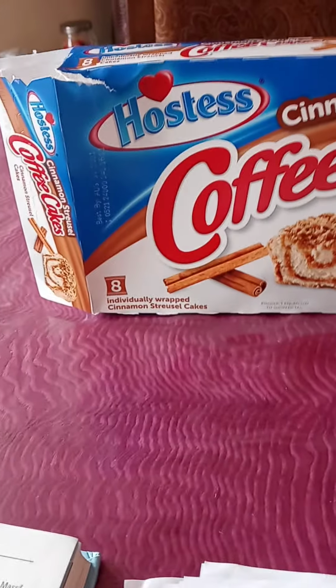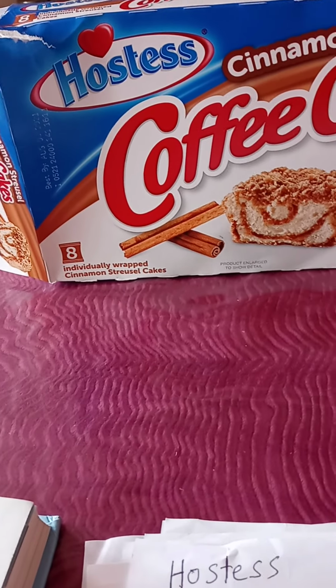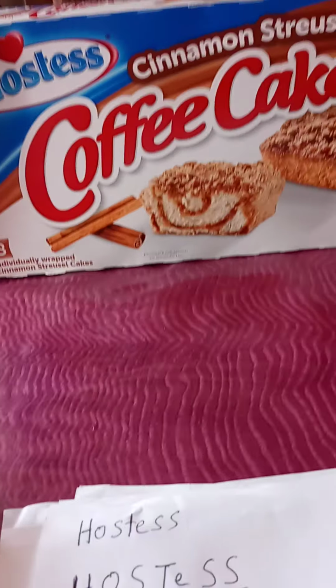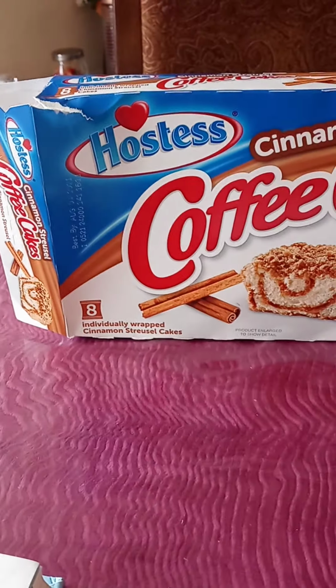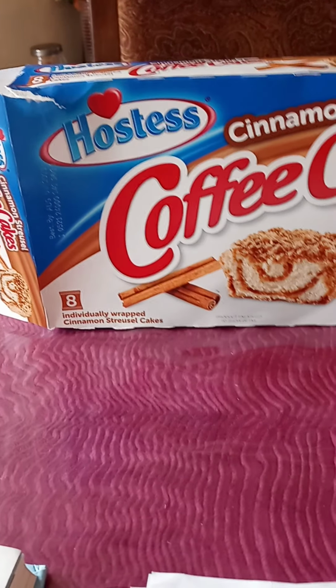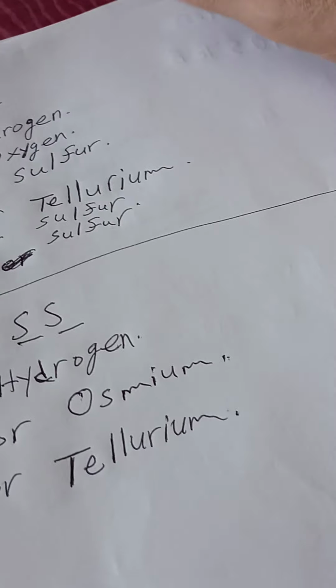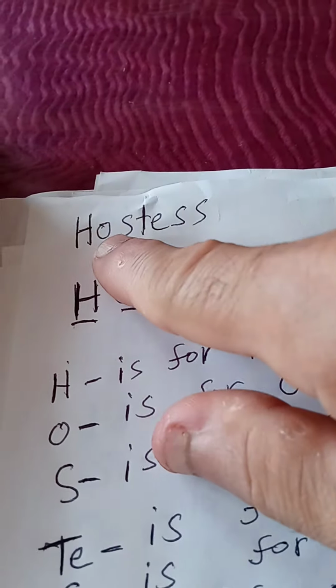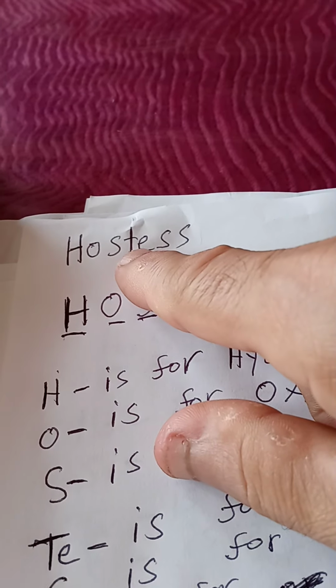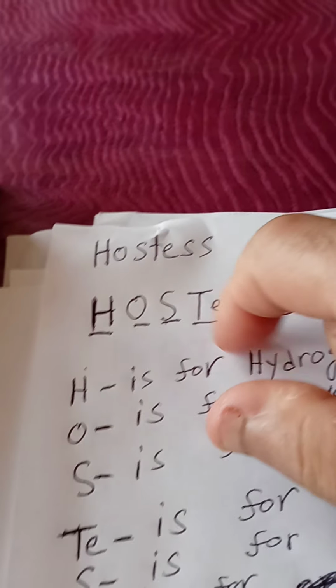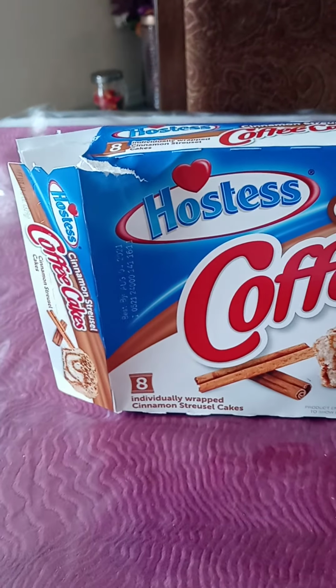For example, you can go to a supermarket and buy a cake, a coffee cake, and you get the Hostess. Hostess is the brand name, and we spell that capital H-O-S-T-E-S-S, and behold, there it is right there.